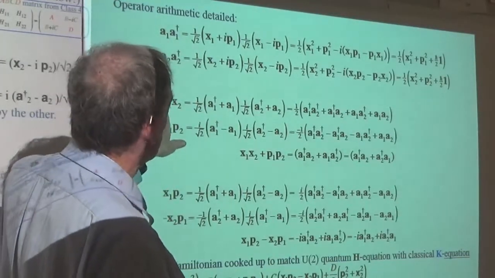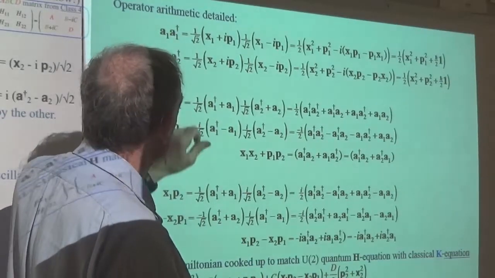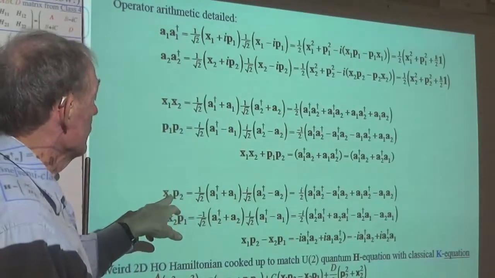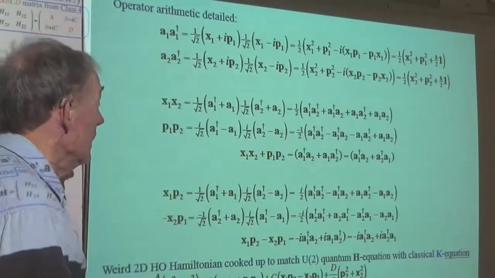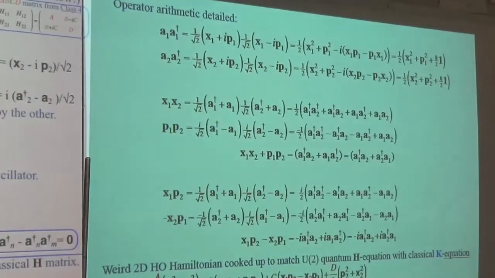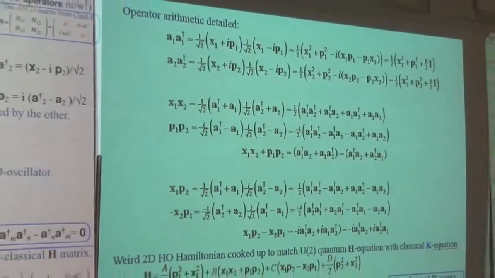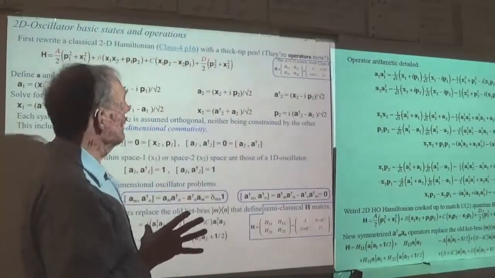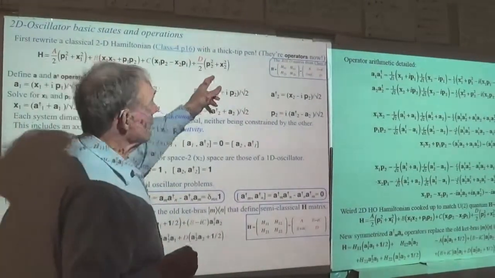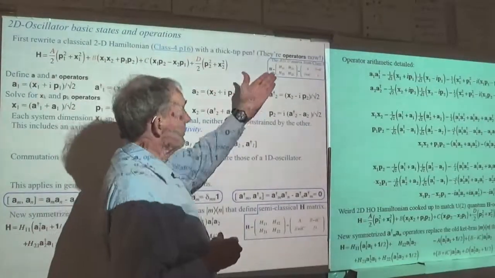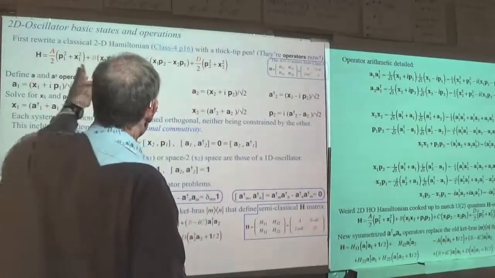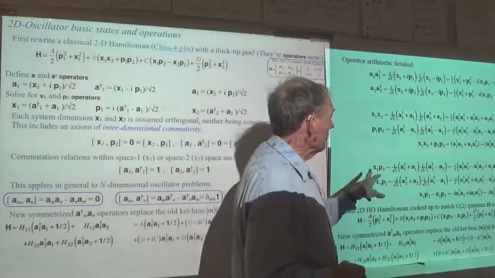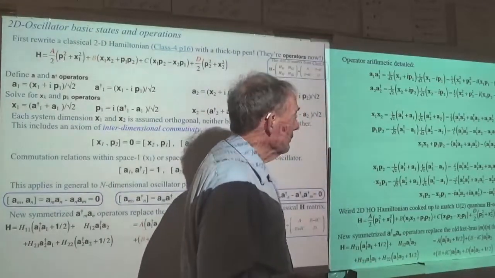But then when you go to ask, what does the x1, x2 product, or the p1, p2 product, or more importantly, the x1, p2 and x2, p1 terms that occur right here and here. And so at this point we get to see why it was that this particular Hamiltonian gave us the Schrodinger equation using classical equations, Hamilton's equations. If you expand all of this out, it works very beautifully.